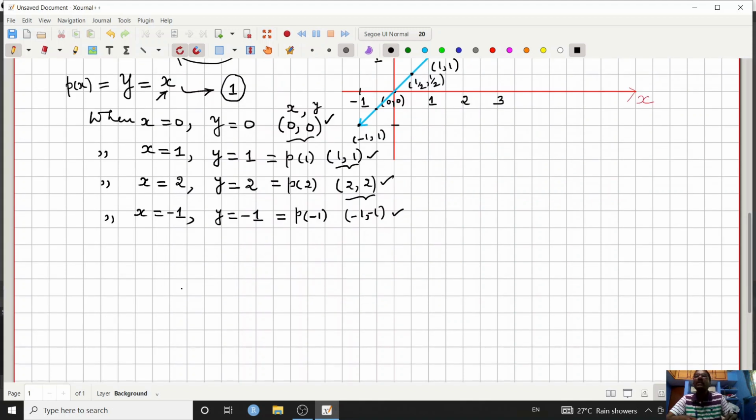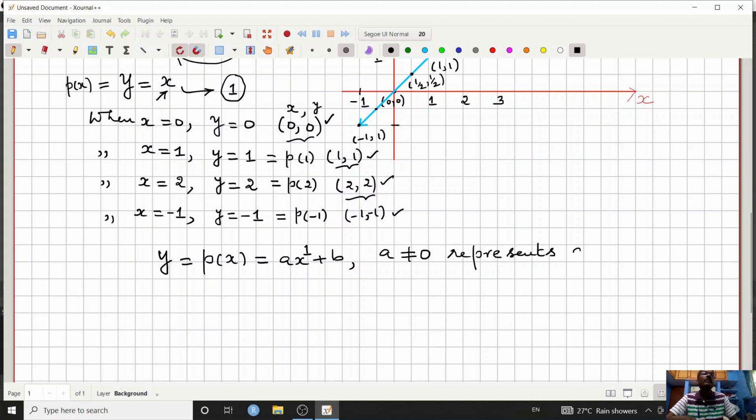So if y is equal to p of x, and that is equal to ax plus b, a is not equal to 0, this is a linear polynomial, as you know, because the degree of the polynomial is 1.